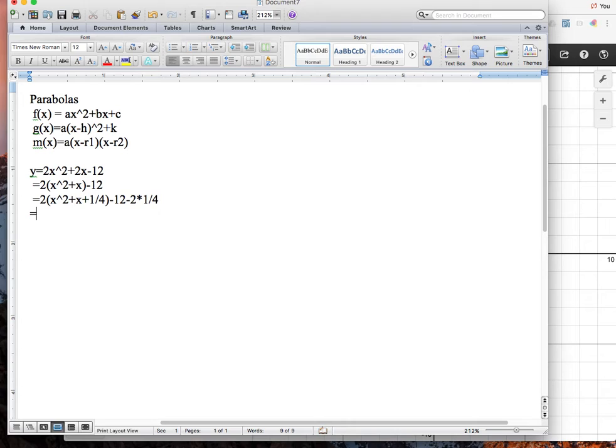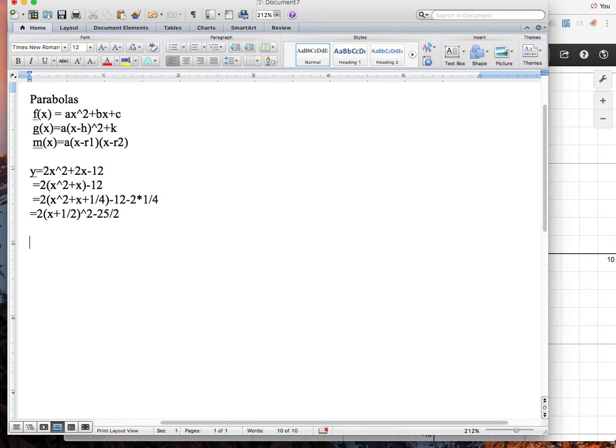And in final factored form, that's 2 times x plus 1/2 squared minus 12 minus a half, minus 25 halves. 25 over 2.